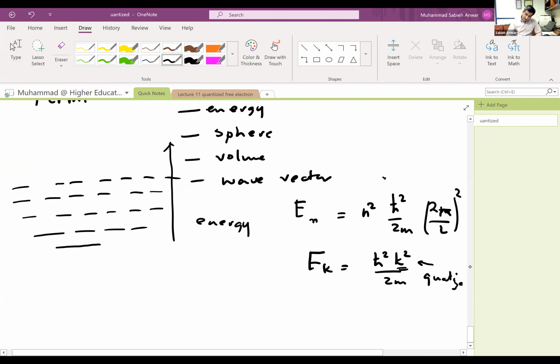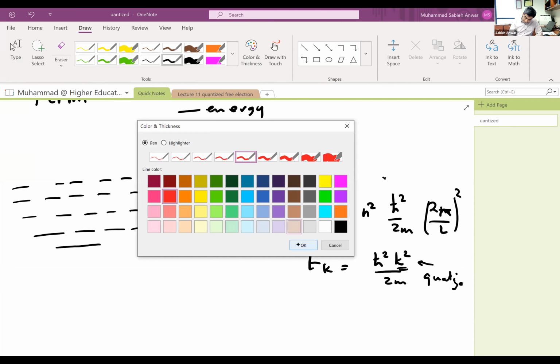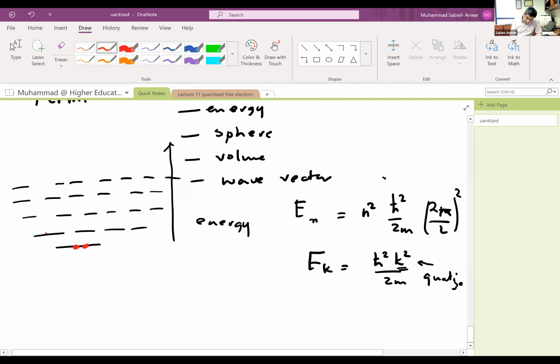Now I've mentioned that each level can be occupied by a maximum of 2 electrons. So the electrons can go into these levels. Now the number of electrons is fixed. For example, I'm talking about monovalent atoms like sodium. Sodium has 11 electrons, and the sea of electrons is formed by the donation of only one electron from a sodium atom.